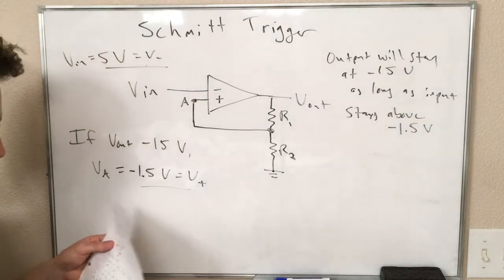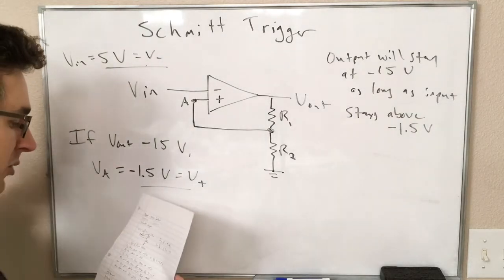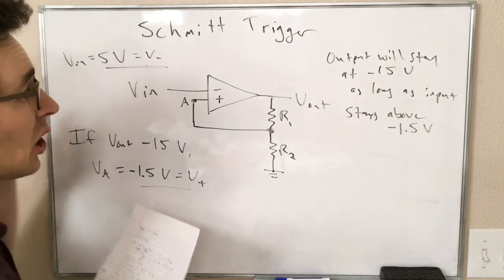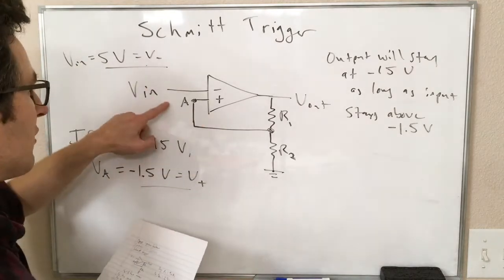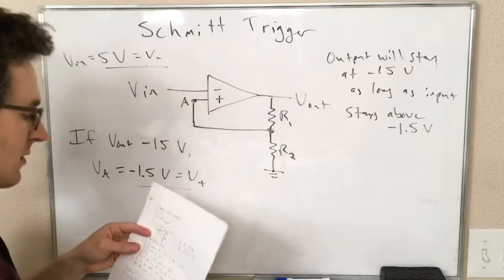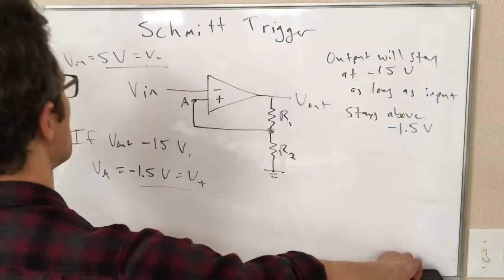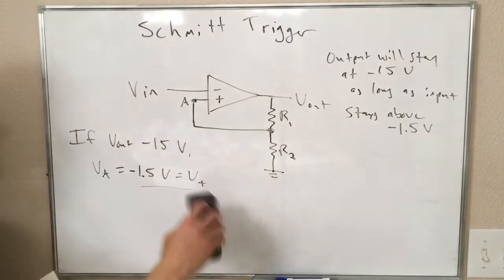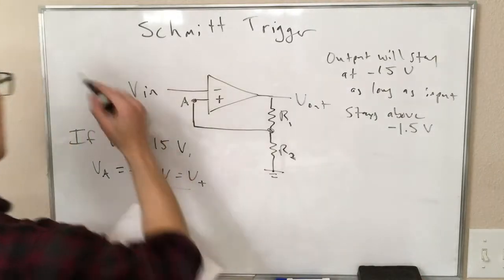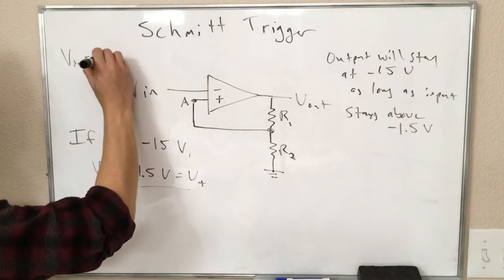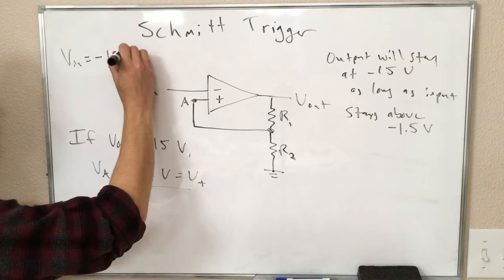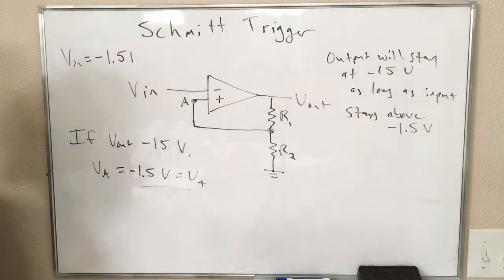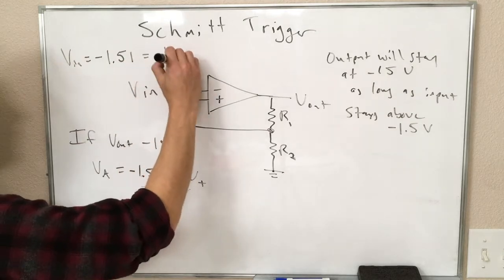So if our input goes below minus 1.5, let's step through what happens. Let's say that now Vin is equal to minus 1.51 or something like that, and this is equal to V minus, remember.